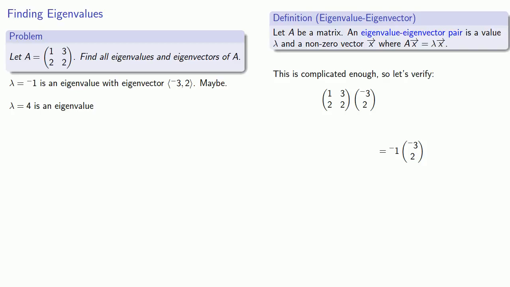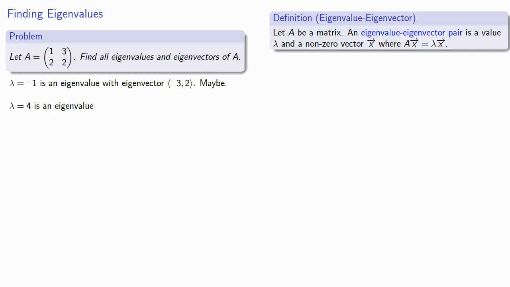So let's check it out. Let's multiply our matrix by our column vector negative 3, 2, and if we do that, we find we have 3, negative 2, which is in fact negative 1 times our original. And so A applied to our eigenvector gives us negative 1 times our eigenvector as we wanted.